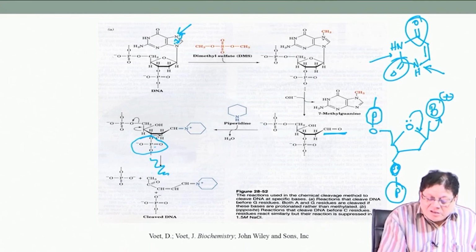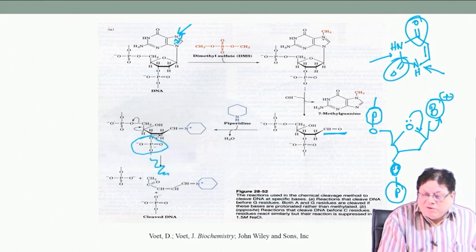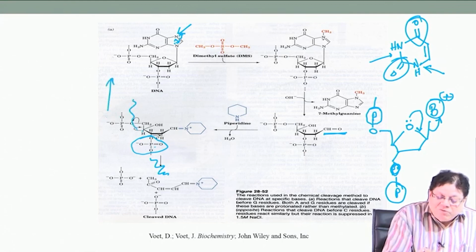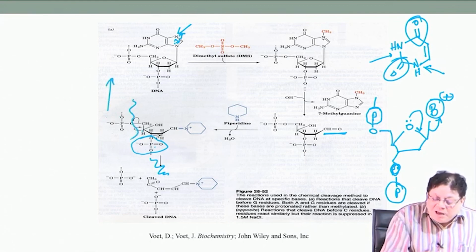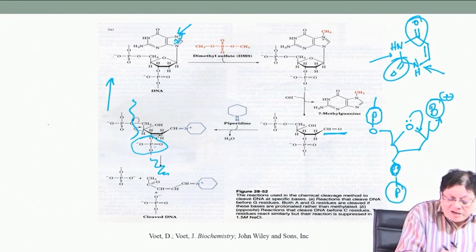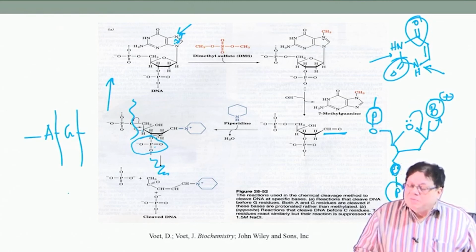And as soon as there is a double bond here, this hydrogen becomes acidic, and that also does the same thing, kicks out the phosphate. So, from the 5' end you have a breakage of phosphate, and from the 3' end also you have a breakage of phosphate. That is why I always remember that in Maxam Gilbert there is breakage from both sides, from the 3' as well as from the 5'.